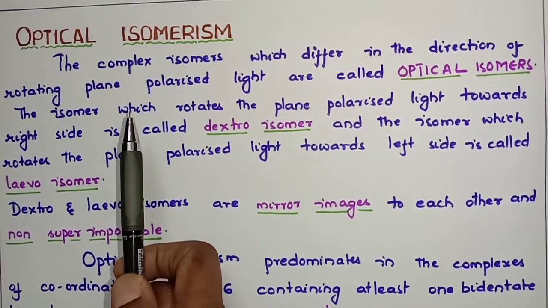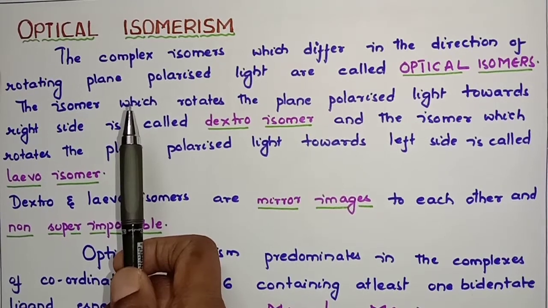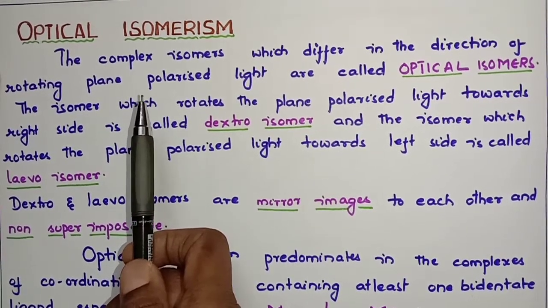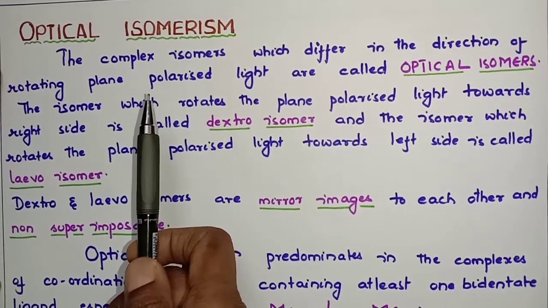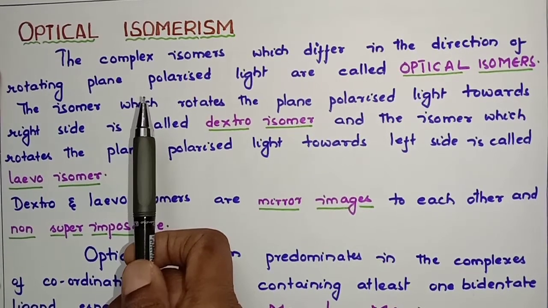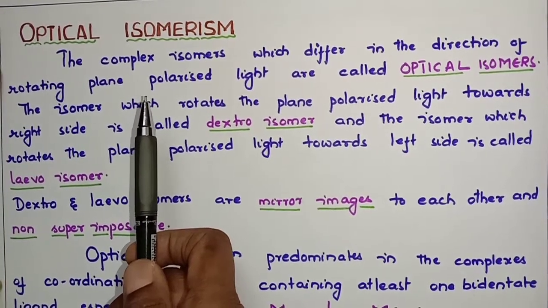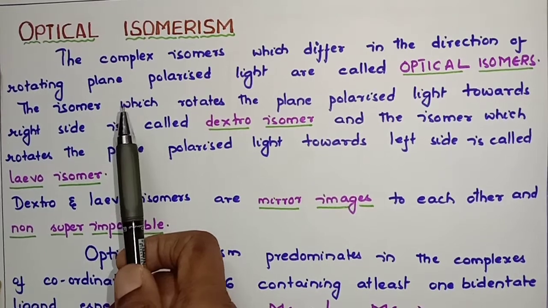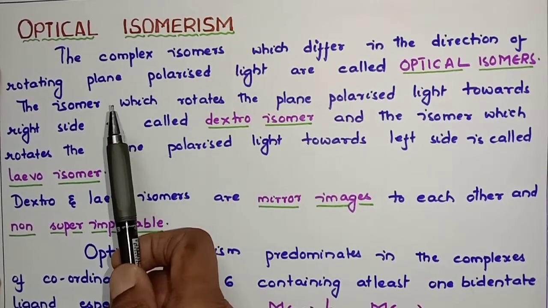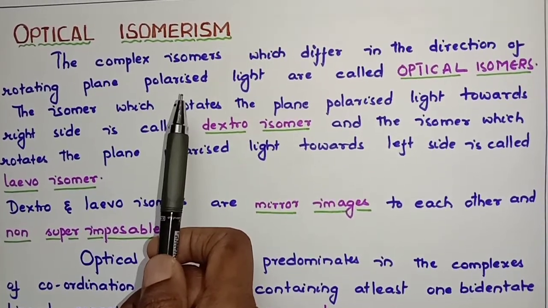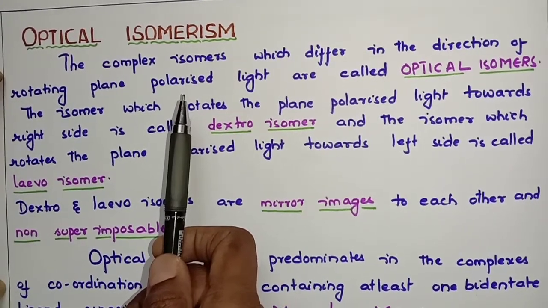That means when this plane polarized light is allowed to pass through complex compounds or complex isomers, it is rotated towards the right side or left side. So those isomers which differ in the direction of rotating plane polarized light, we call them optical isomers. Clear, students?